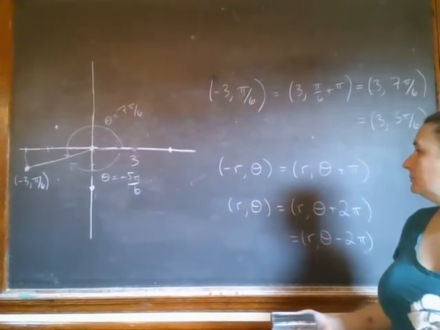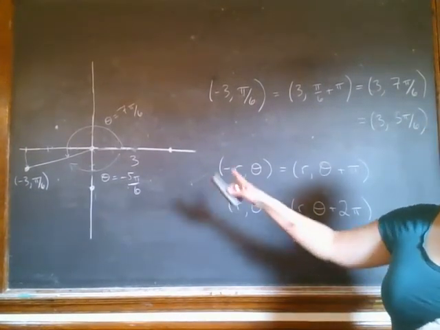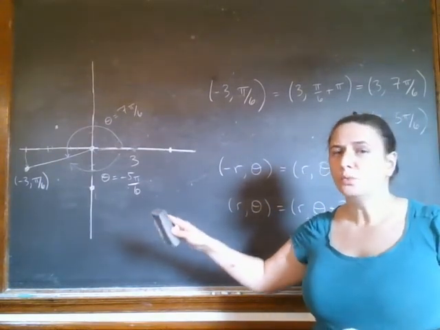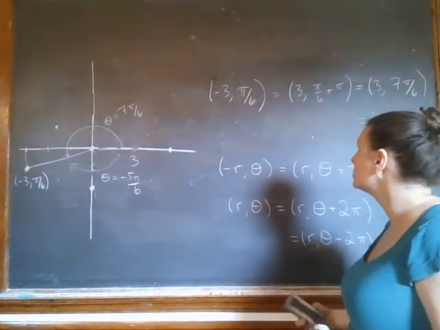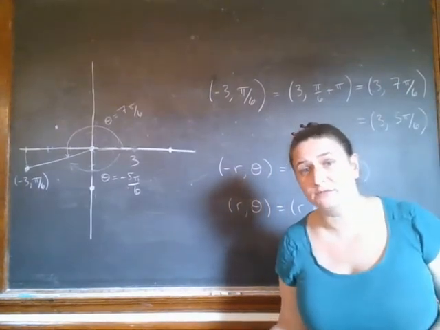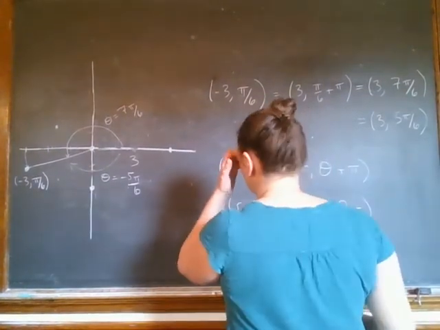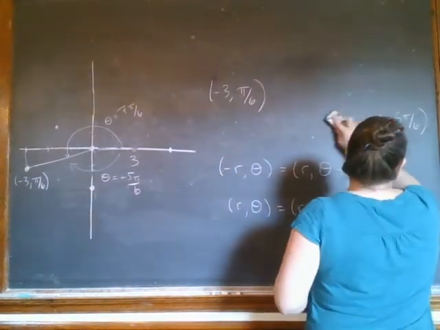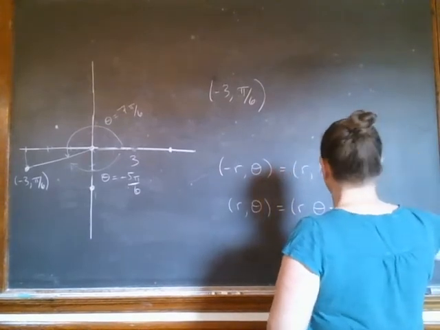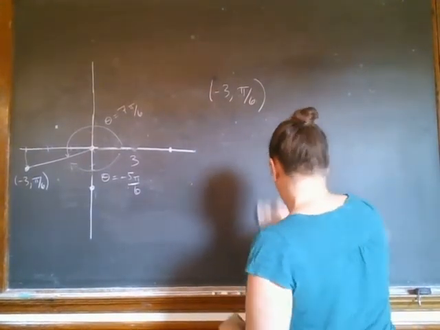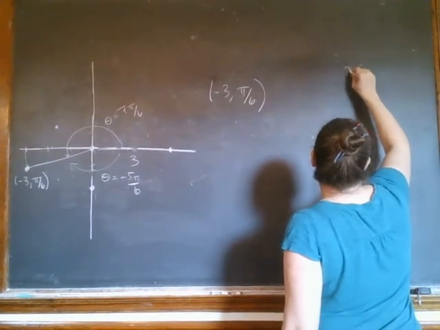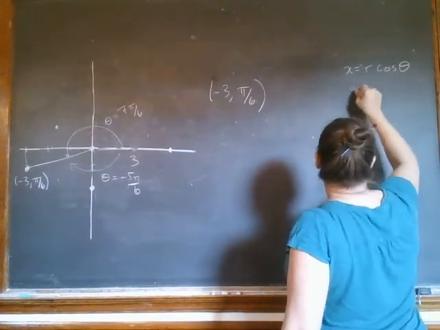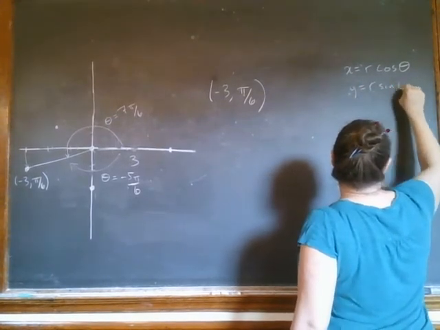Now, we just drew some polar coordinates here. We also need to know how to go from Cartesian to polar and vice versa. So let me write those equations back on the board. All right, so we have x equals r cosine theta, y equals r sine theta.